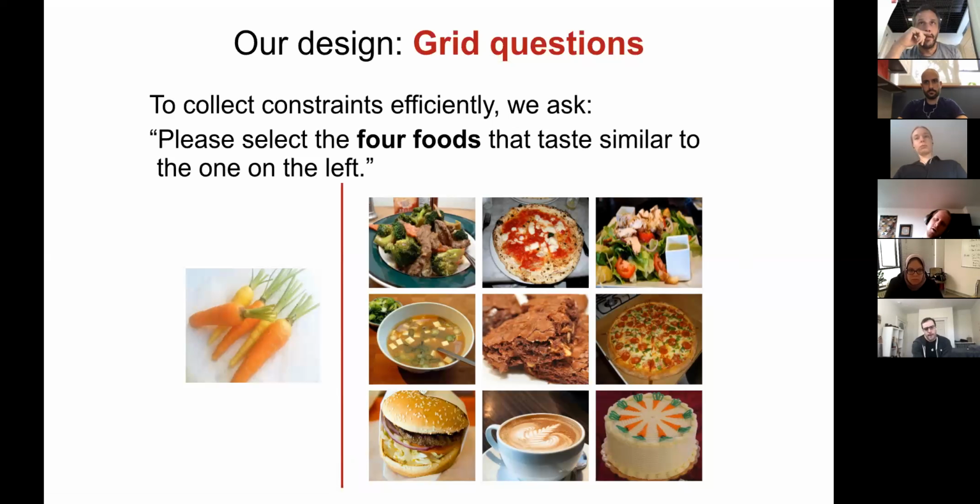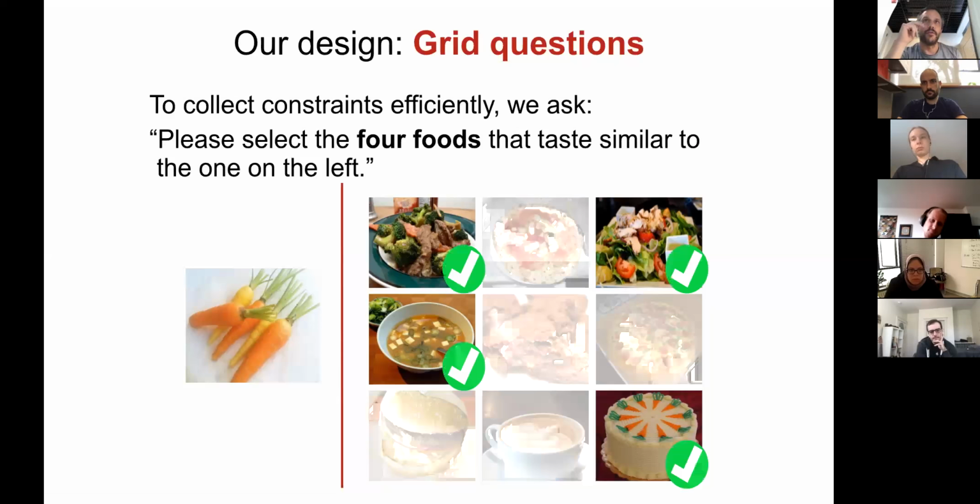Now, what we're doing here is asking the observer to select K out of the N images in that grid. It's an N choose K problem to indicate relative similarity. In particular, we're tapping into the fact that the human visual system happens to work very well in parallel.